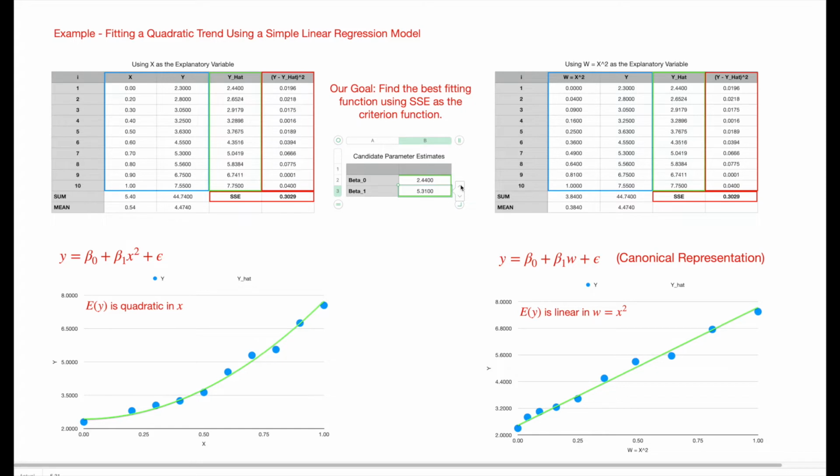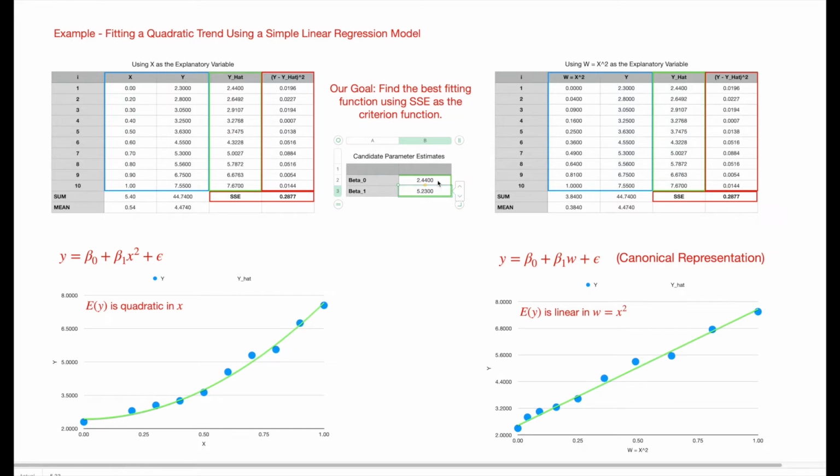Let's see what happens. If I increase beta 1, then SSE goes up. If I decrease beta 1 a little bit, it is decreasing. We're going in the right direction. It's still decreasing.